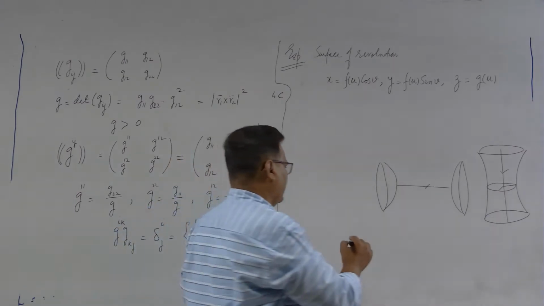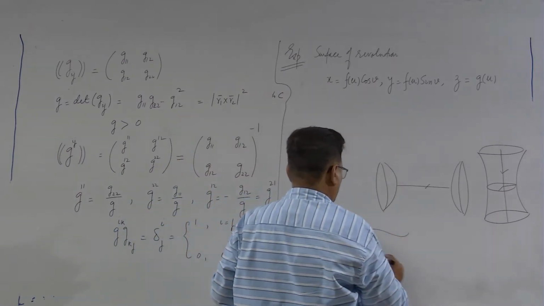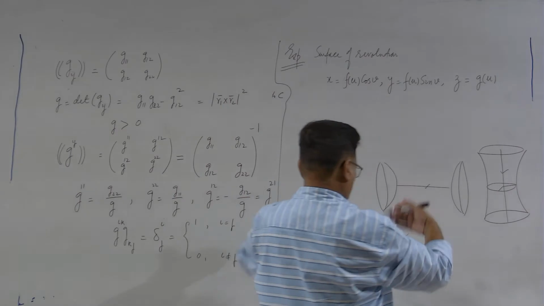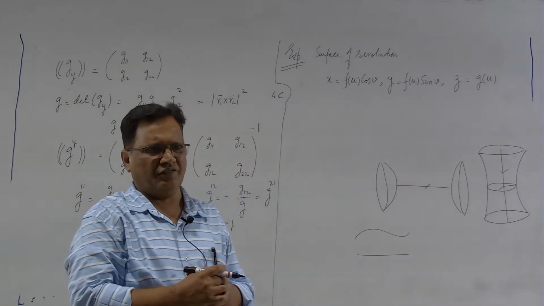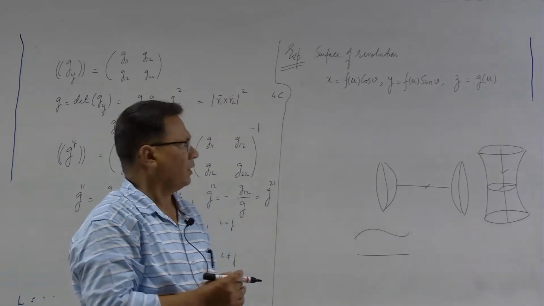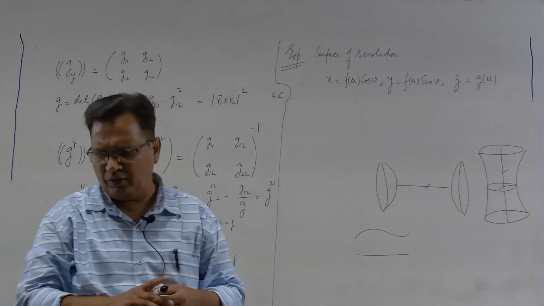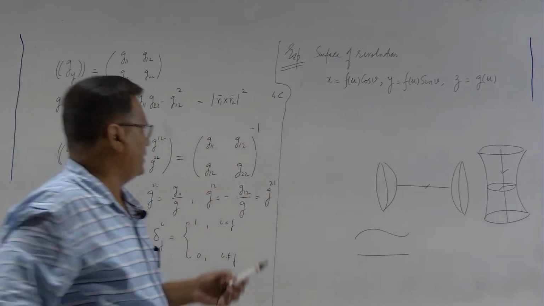In general, I can consider any curve and revolve it around a line, then it will always generate a surface of revolution. So, one of the surfaces of revolution is this.